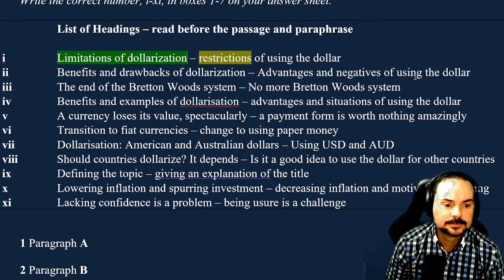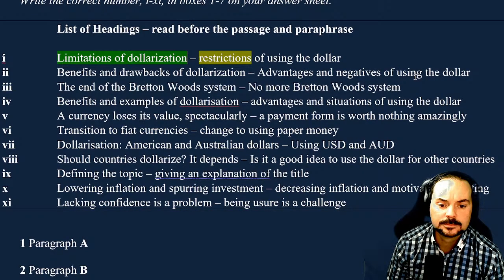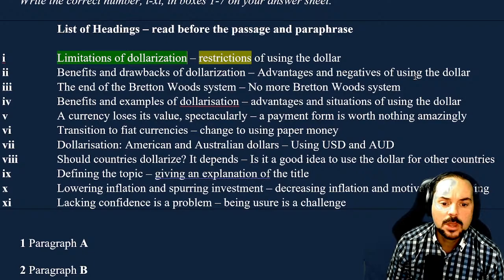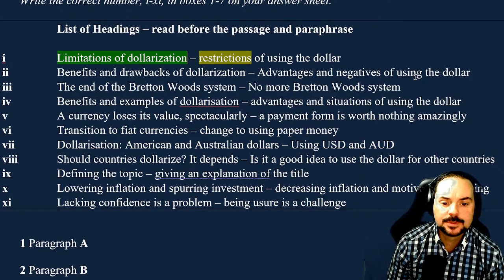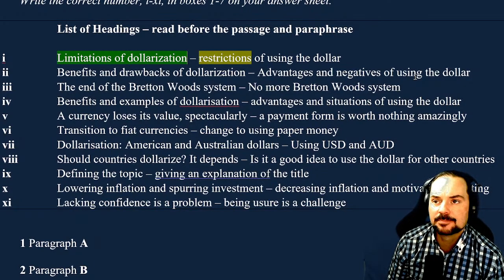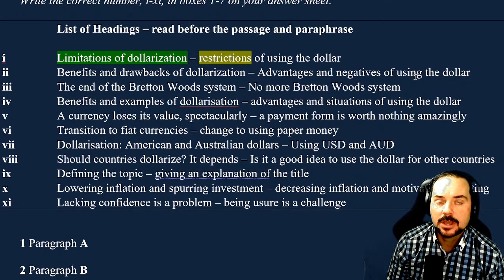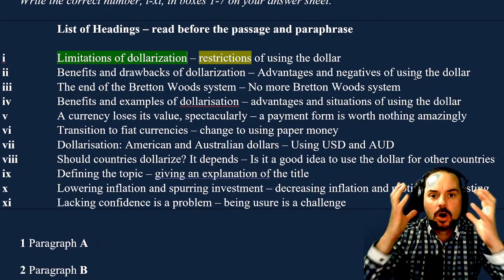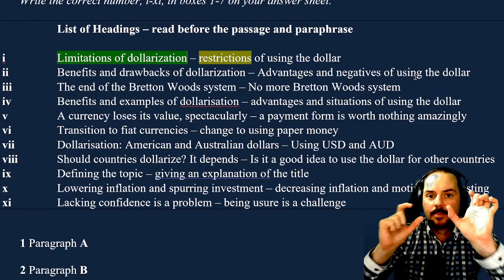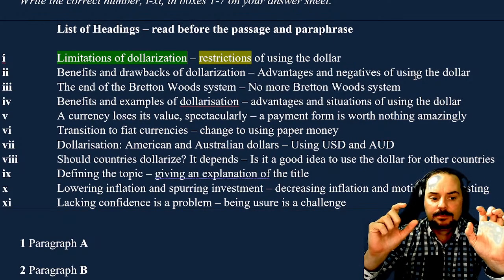But I also see that the third is the end of the Bretton Woods system, and this is from where the paragraph starts. You're overthinking it. Keep your thoughts simpler. The list of headings has to be a heading that encompasses all of that paragraph and not a part of it or an example from it. Okay.